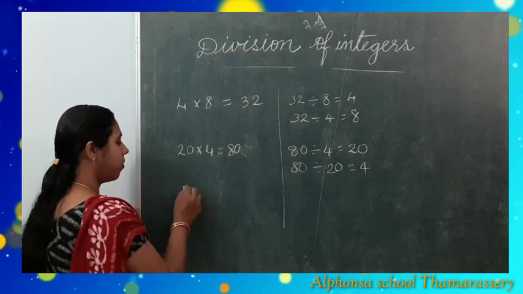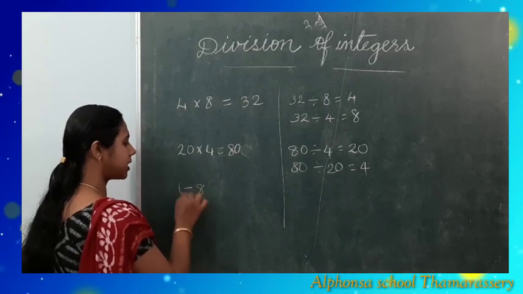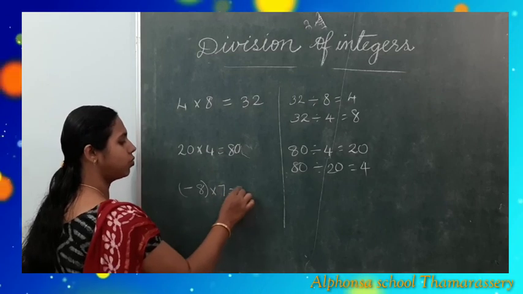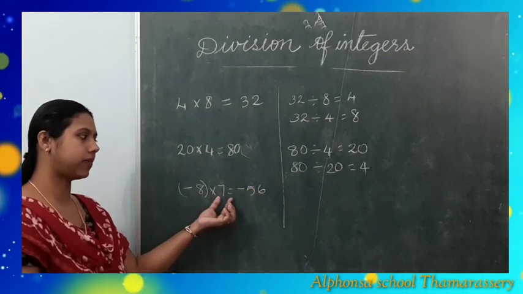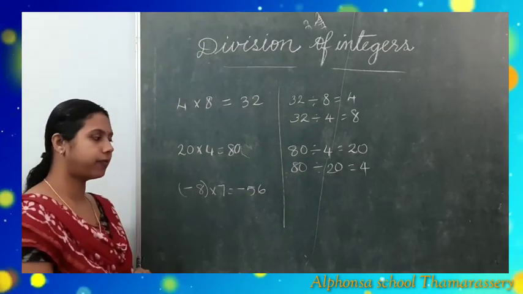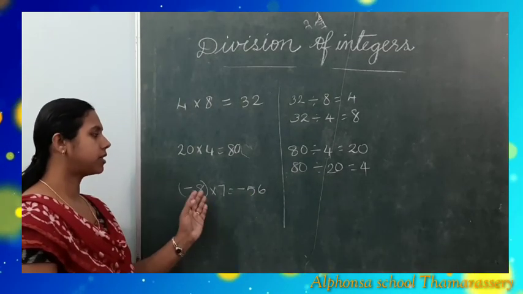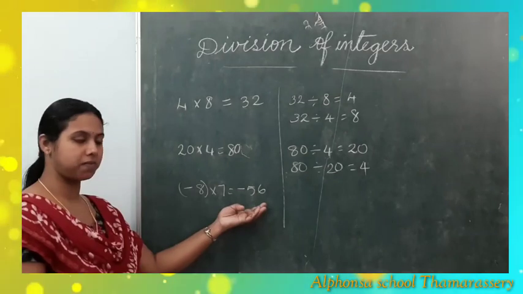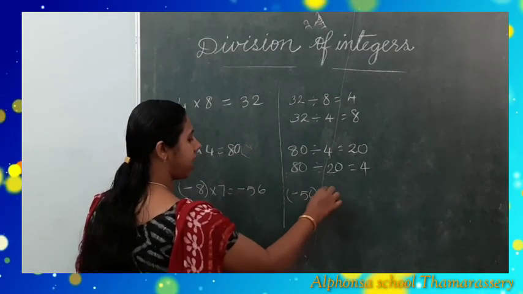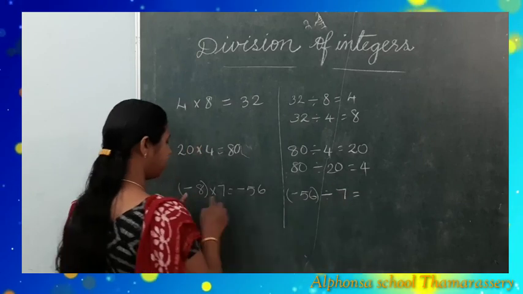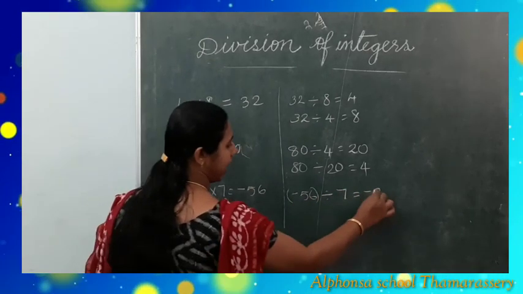Now, minus 8 into 7 is equal to minus 56. Negative 8 into positive 7 is equal to negative 56. So when you write the division statements, minus 56 divided by 7 is equal to minus 8.